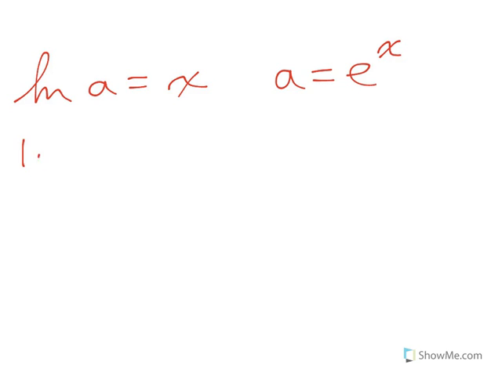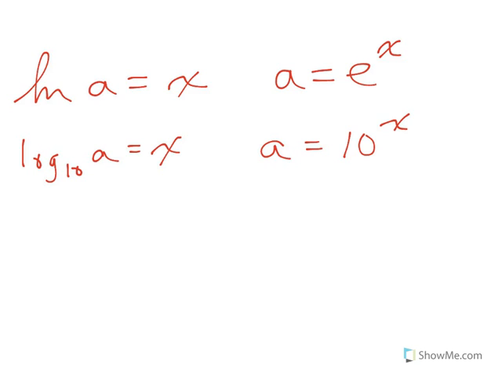This also works for logarithms: if we have log 10 of a is equal to x, then a is equal to 10 to the x. So natural log is based on the exponential function, whereas logarithms are based off powers of 10. Just keep that handy and remember that relationship.